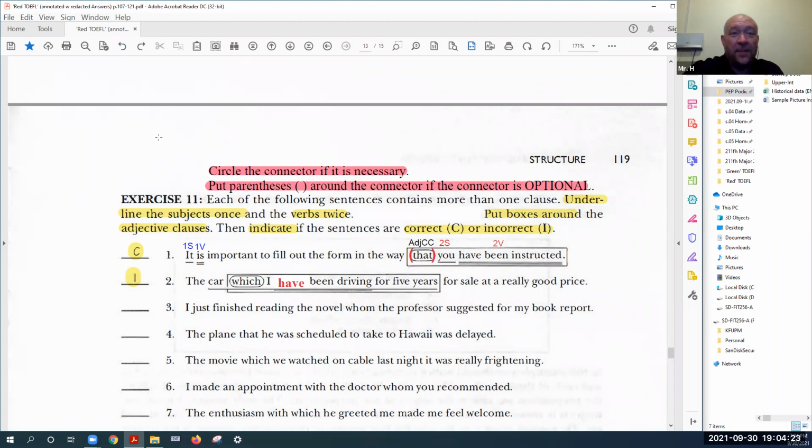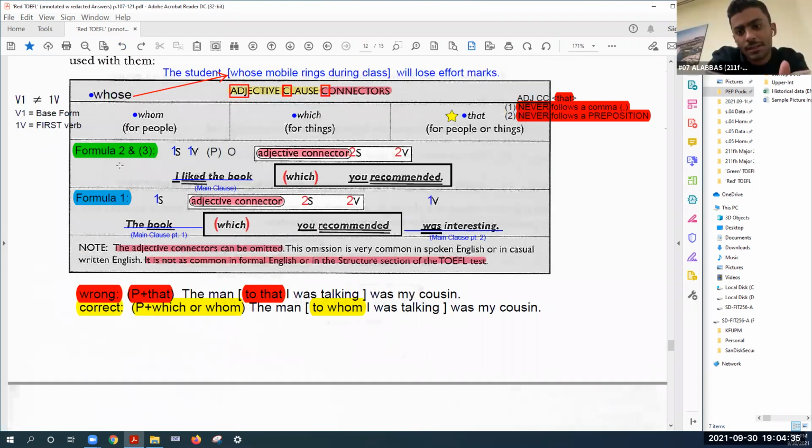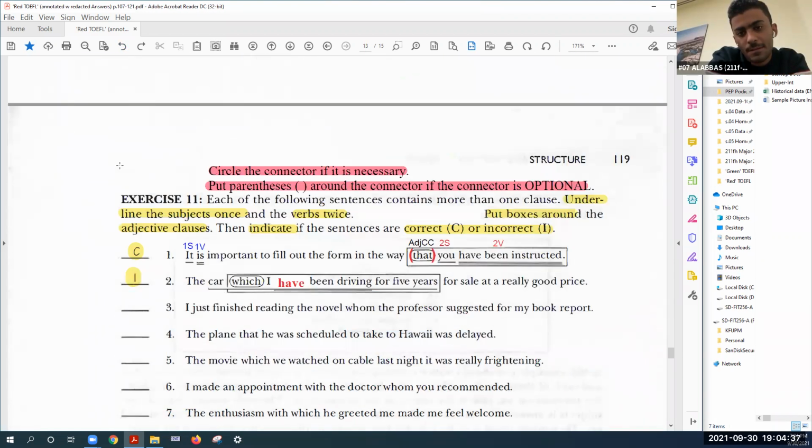Okay. Alabas, you want to explain number 2? The car which I have been driving for 5 years. First, tell us the formula. It's Formula 1. Bingo. Go ahead. The car is the first subject. Good job. Find the first verb.